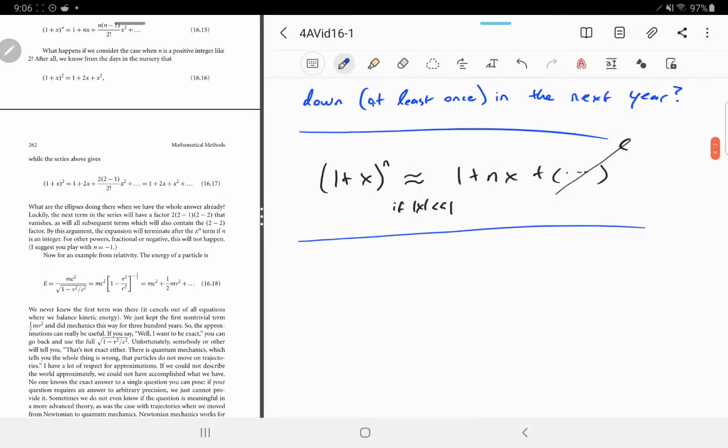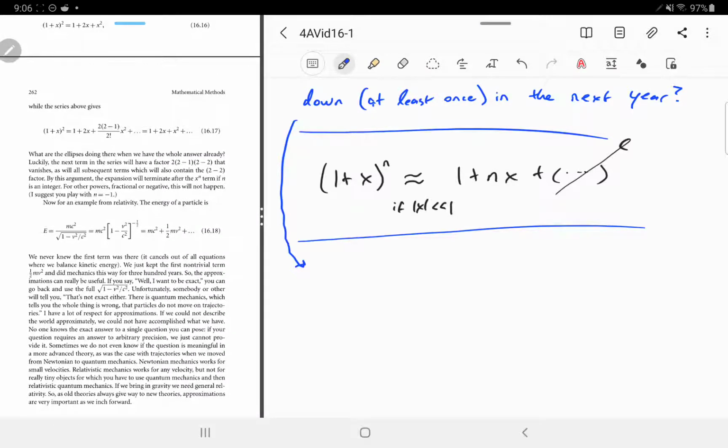So we're going to answer this original question right now, and then after we answer this, we're going to look at this example from relativity as well. Okay, so the probability the car breaks down in a month is 1 minus the probability that the car doesn't break down.